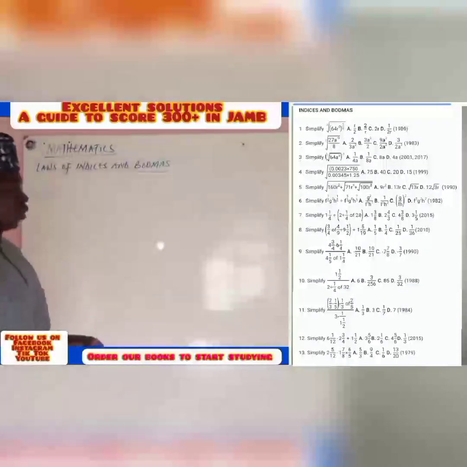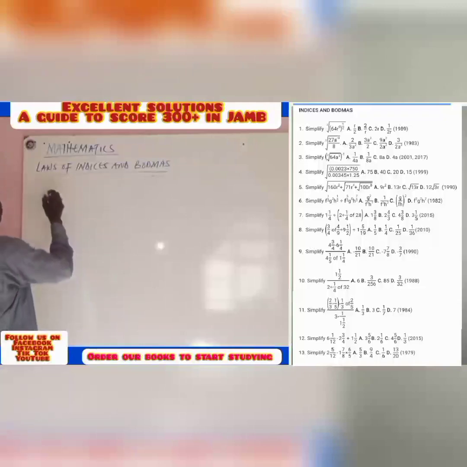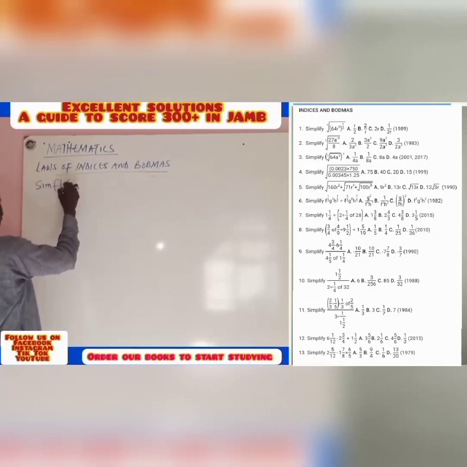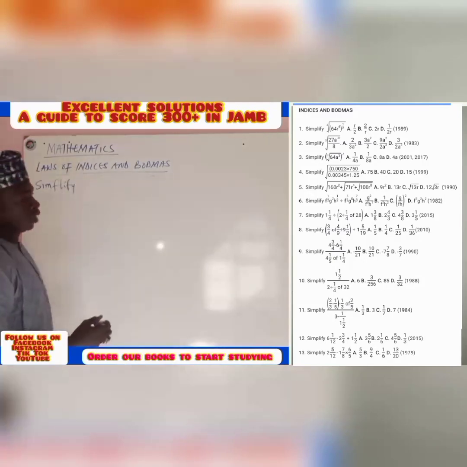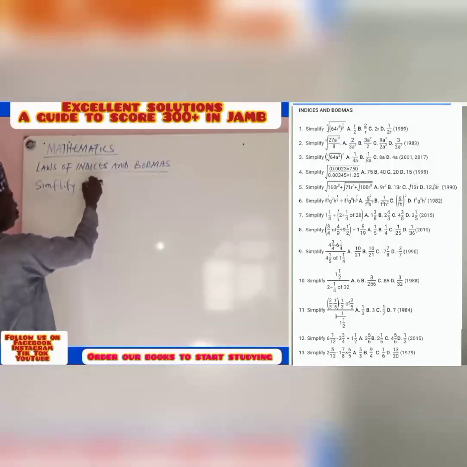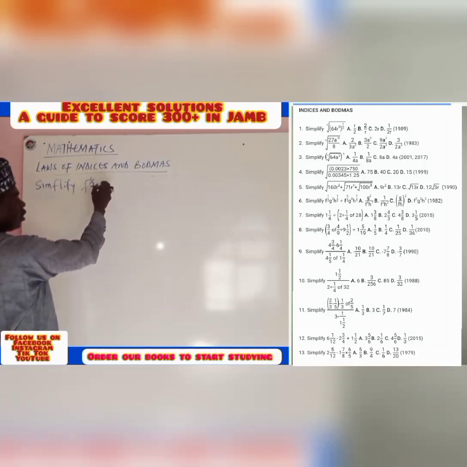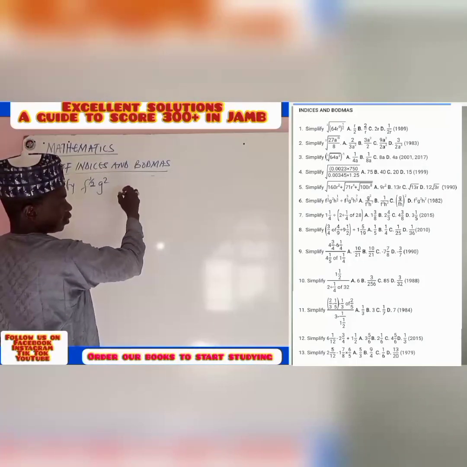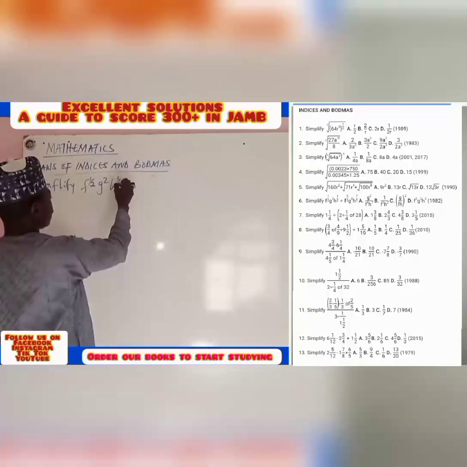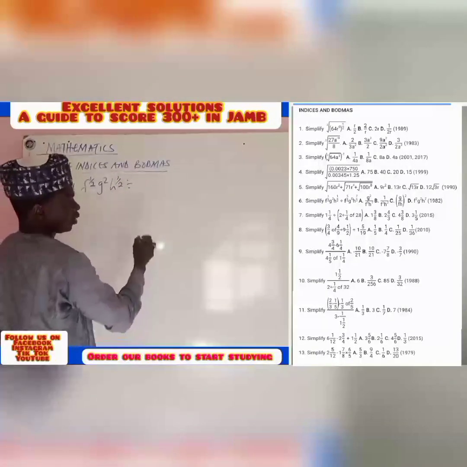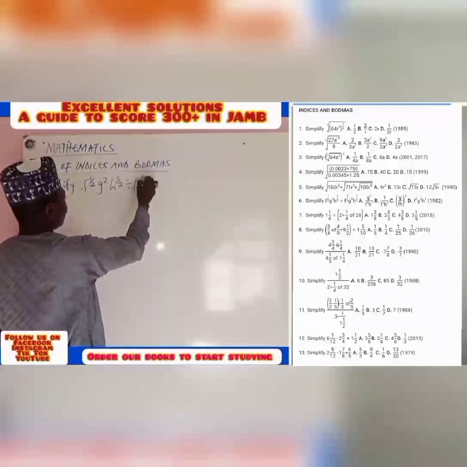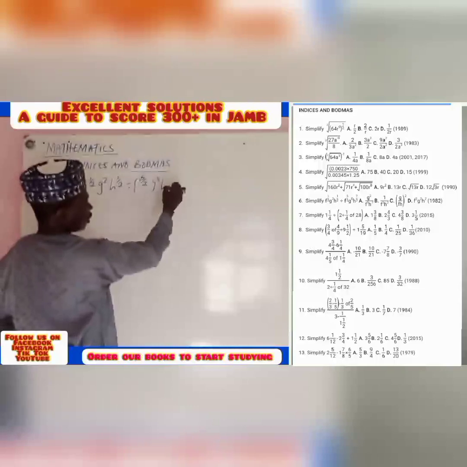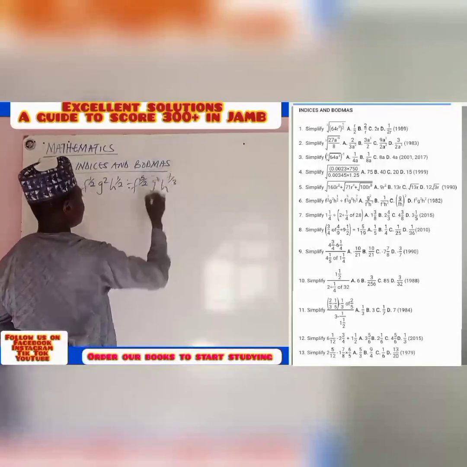The next question is question 6. Question 6 says simplify F power 1 over 2, G square, H power 1 over 2, divided by F power 5 over 2, G power 0 and H power 7 over 3.